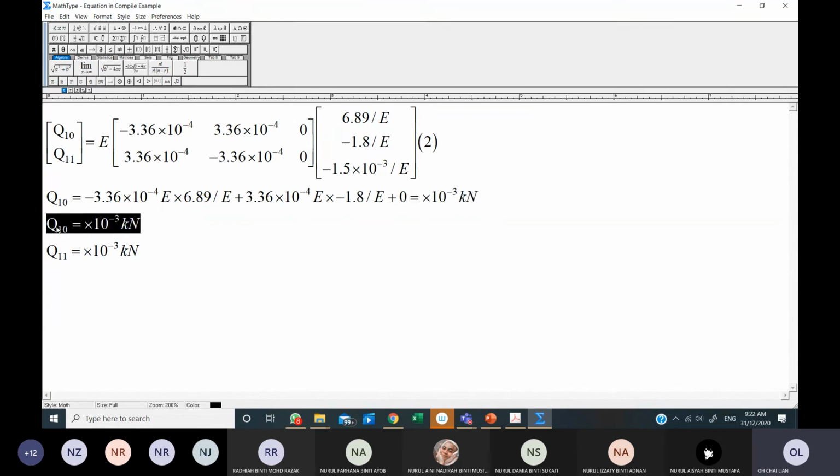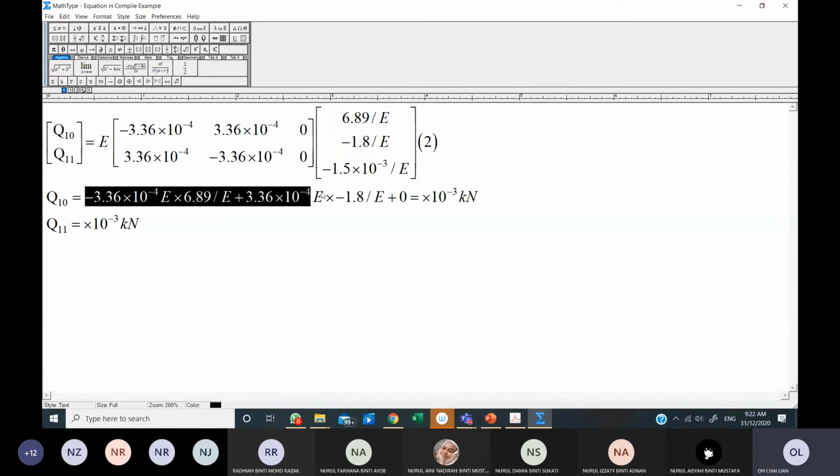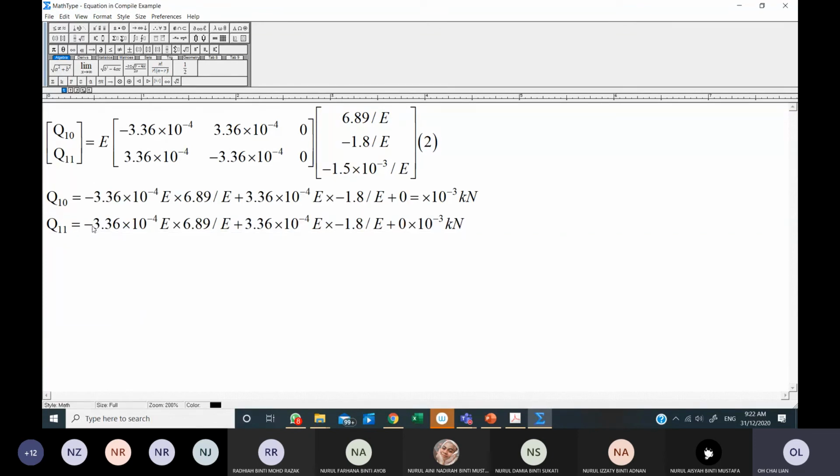I will write the equations for Q11 for you to check as well. Basically they are all the same except the sign. This sign is negative, positive, and this sign is negative. This is equal to, okay, please check.